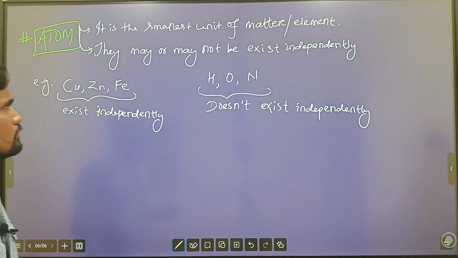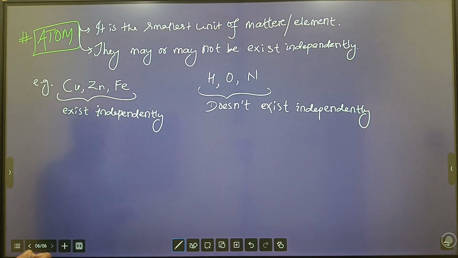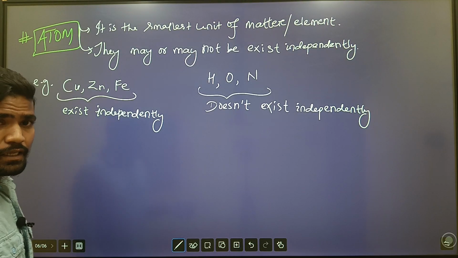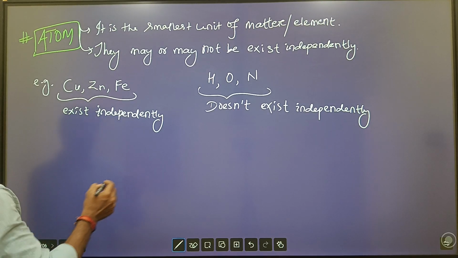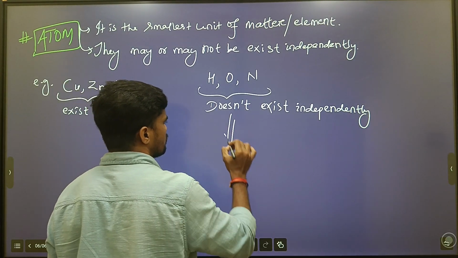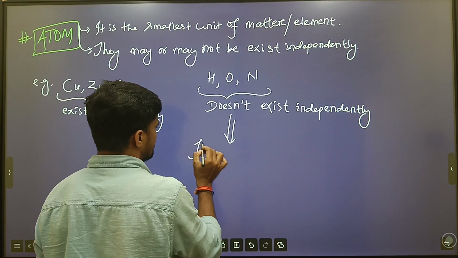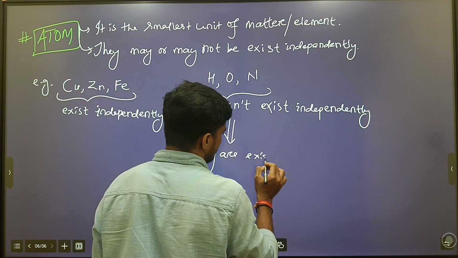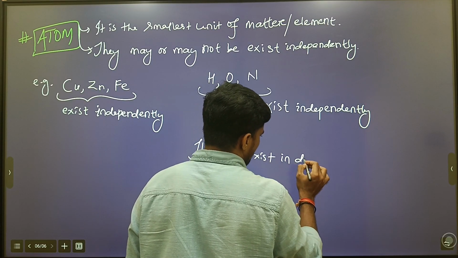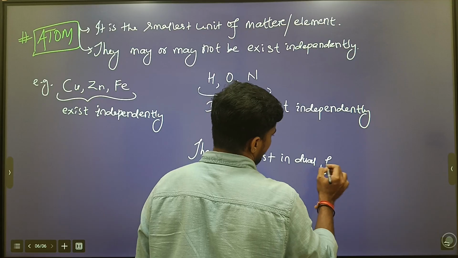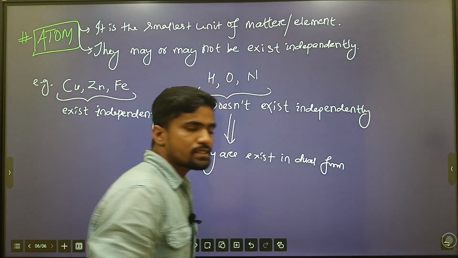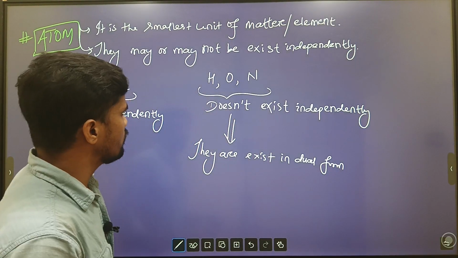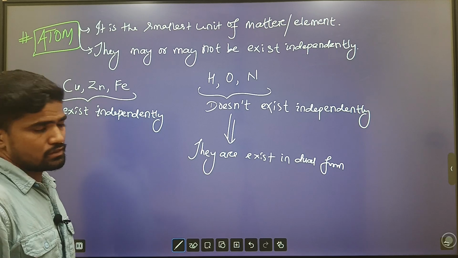Okay. If they do not exist independently, then how do they exist? They exist in dual form. That means as molecules. We will discuss the molecule after the atoms.